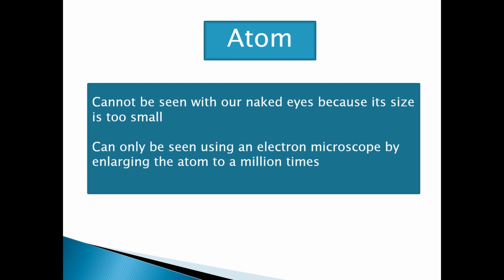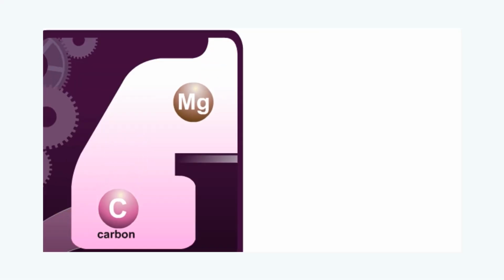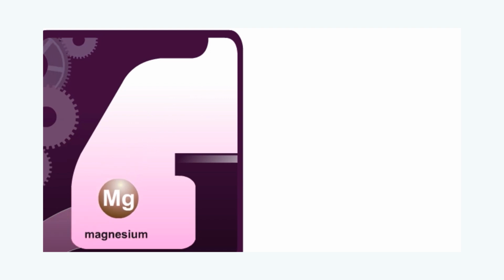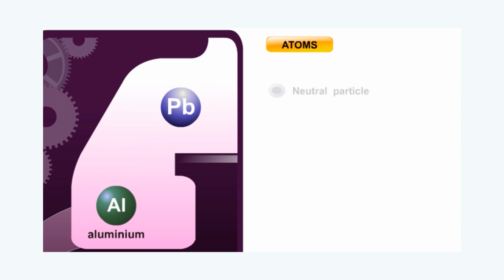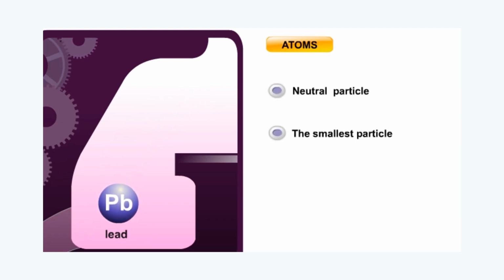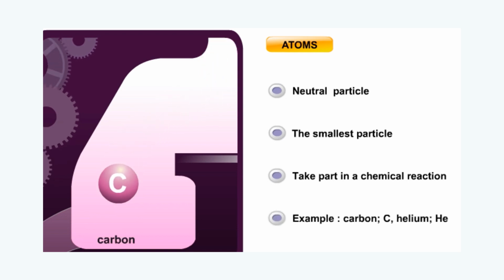It can only be seen using an electron microscope by enlarging the atom to 1,000,000 times. Atoms are extremely tiny, much too small to see, yet they make up all the world, including you and me. Examples of atoms are carbon and helium.